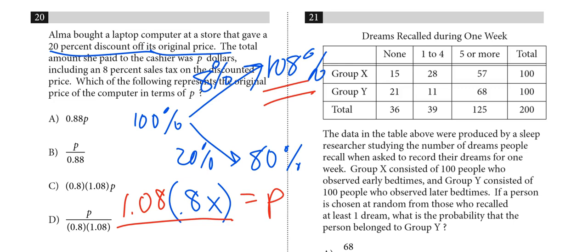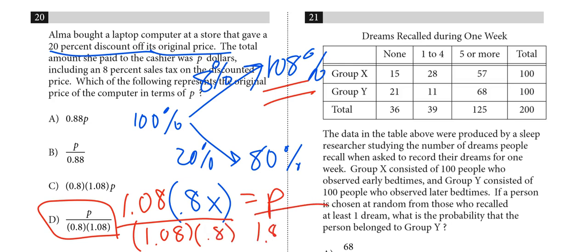Come on, folks. Looks like a lot of multiplication to me. What are we going to do? We're going to divide by 1.08 and 0.8.